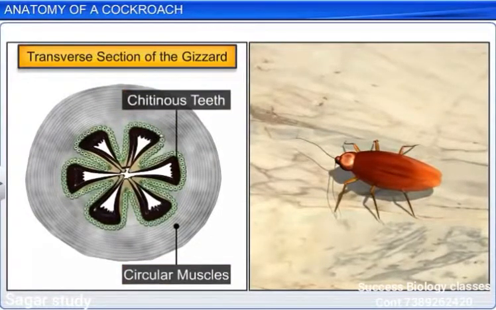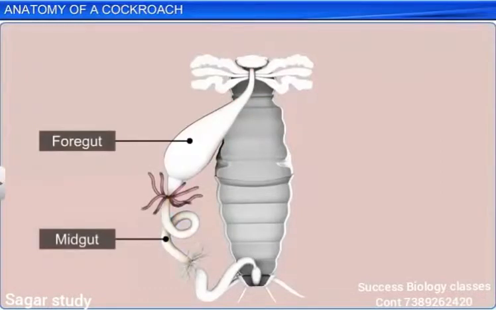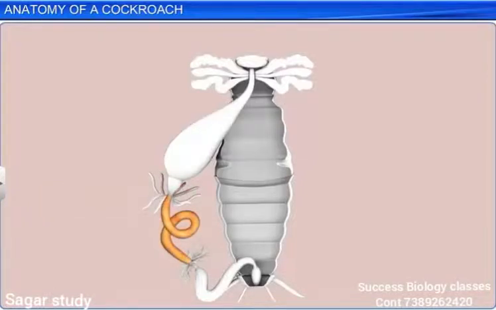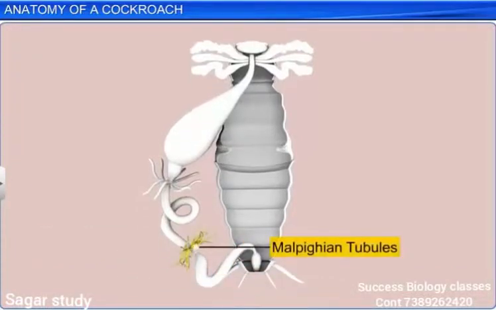At the junction of the foregut and midgut is a ring of 6 to 8 tubules called hepatic or gastric ceca, which secrete digestive juice. Similarly, at the junction of the midgut and hindgut is a ring of numerous filamentous, yellow-colored Malpighian tubules which function as excretory organs.